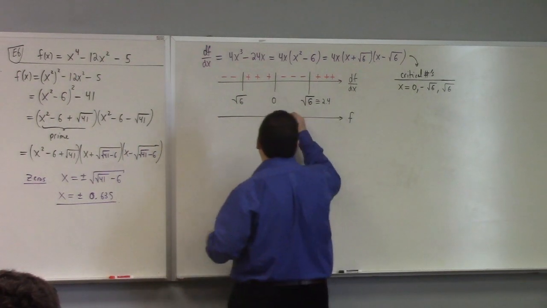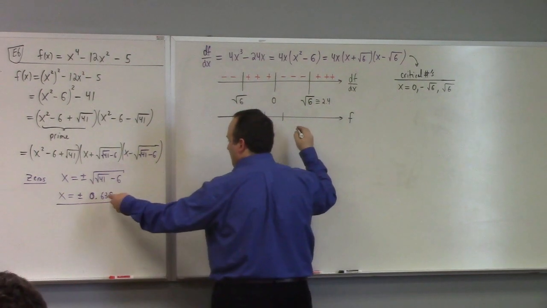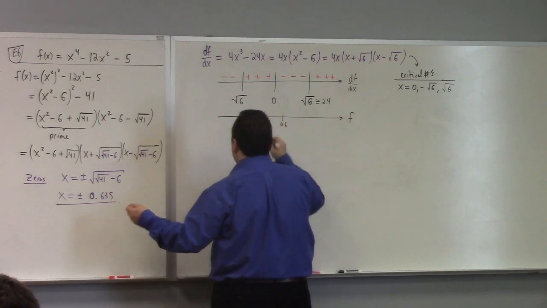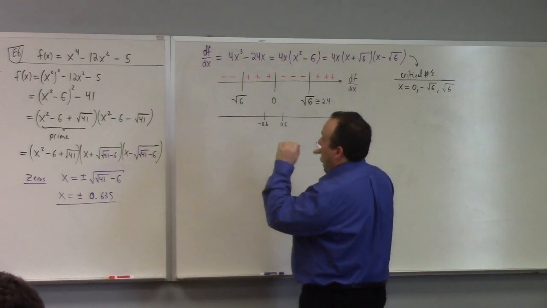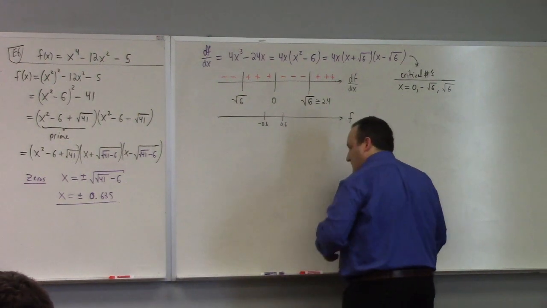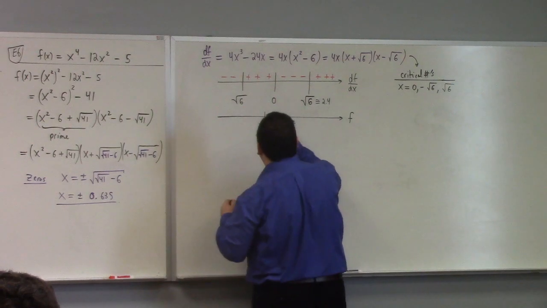So the zeros are like back here somewhere, right? Which I'm not going to write. I'm going to write them as 0.6 and minus 0.6 just to be lazy. And what's the value of the function between plus and minus 0.6-ish? I guess I can afford a 6.4. There you go, two digits.